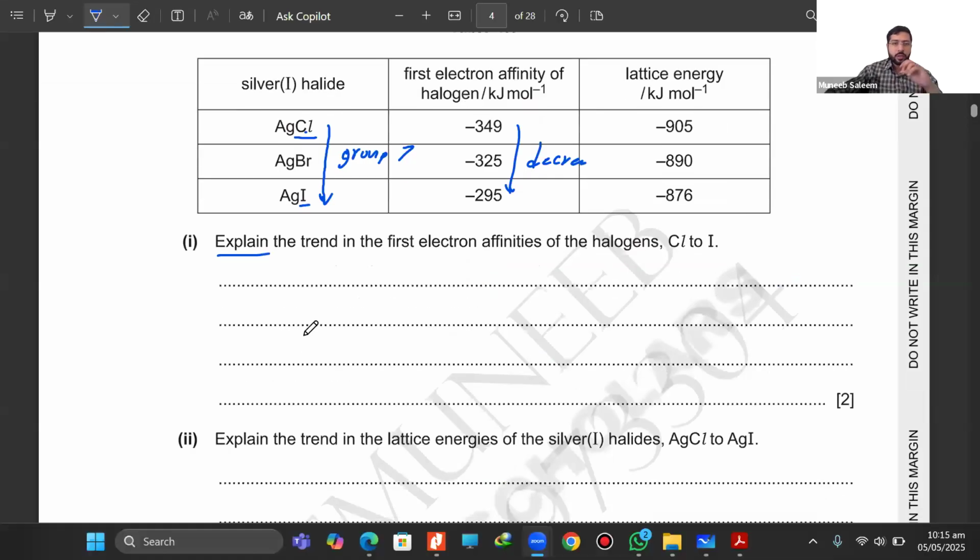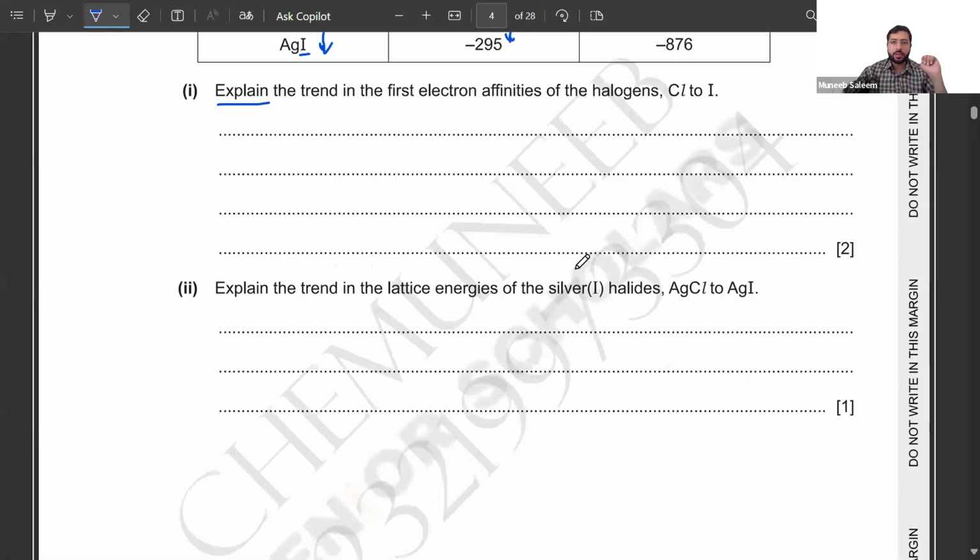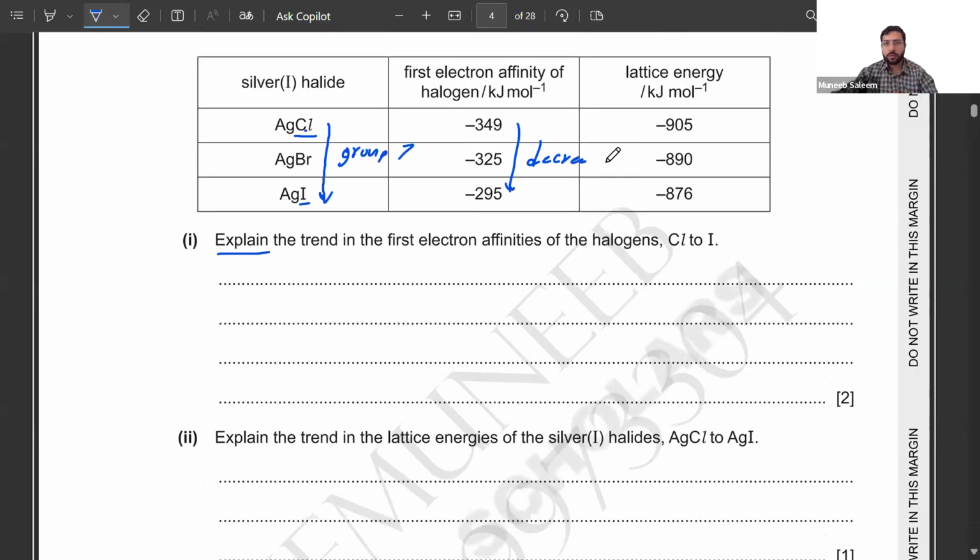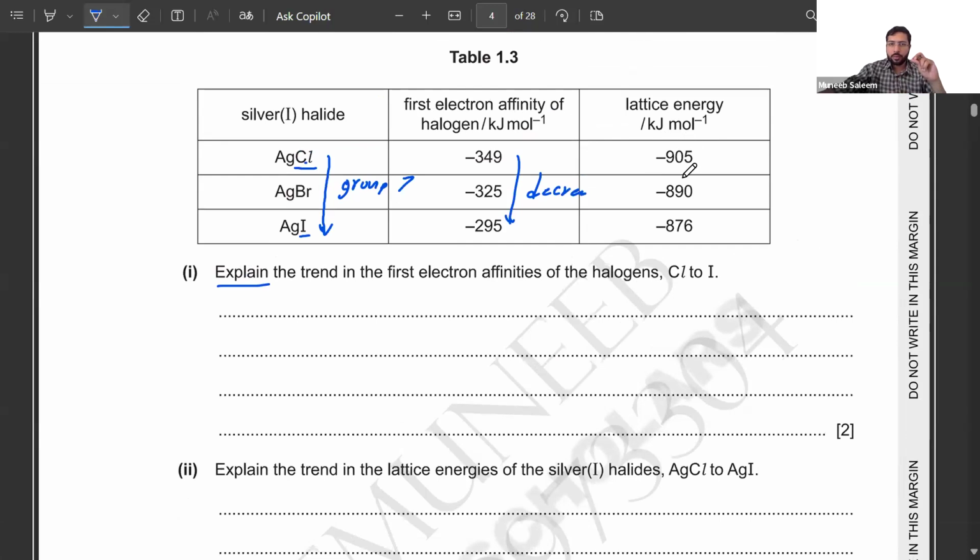Now the next question: explain the trend in the lattice energies of silver halides, AgCl to AgI. Okay, so why is the lattice energy decreasing? If we look at the table, as we move down the group, we can see enthalpy values decreasing. We have to explain the trend, do not state the trend here.